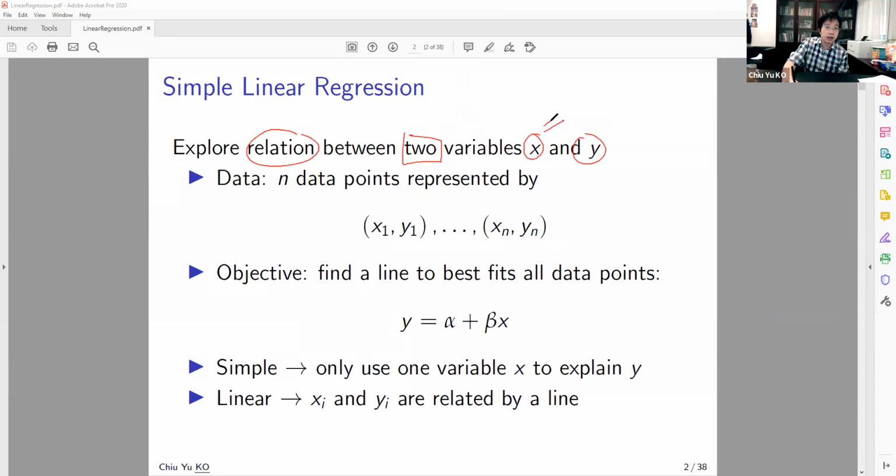Here x and y are numeric variables, usually continuous in our mind. Usually it's something like income and years of education. Continuous or discrete is also fine, but years of education is still continuous.